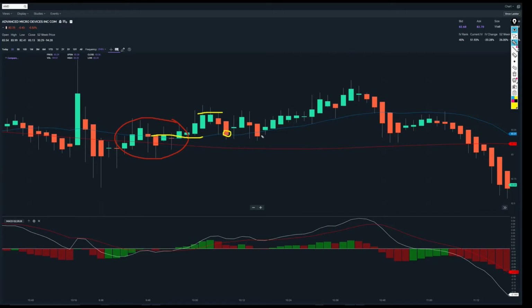We bounced off here, bounced off again here, slight bounce there. So getting into this trade off this major reversal off the open is a very, very good trade setup. And we found that trade setup all by reading this price action, recognizing the bottom here, and putting on a trade so that we could profit off that trend change all the way up to the top. So let's just keep going.